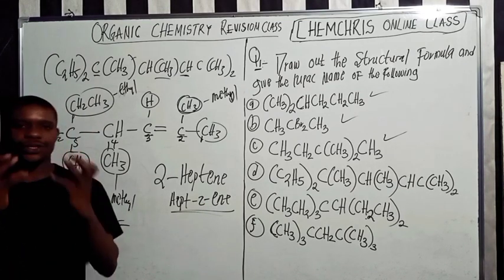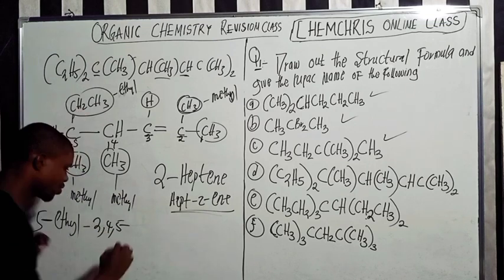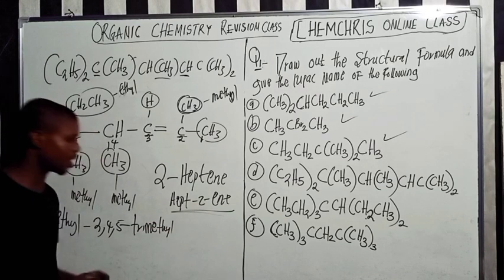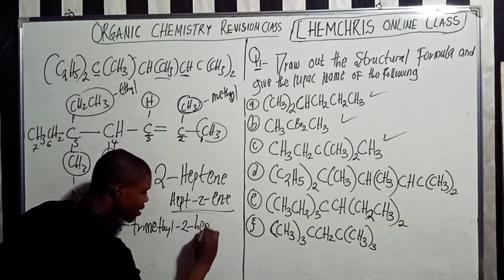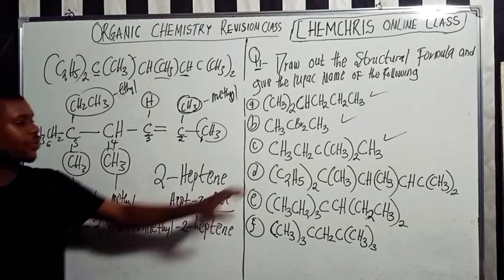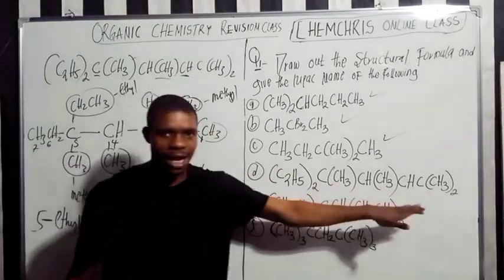Then, because there are three, you are going to use a prefix called tri. Tri means three. Trimethyl. Okay. Can you see that? So the name of this structure you are seeing here, you can see that this structure looks so confusing, right?